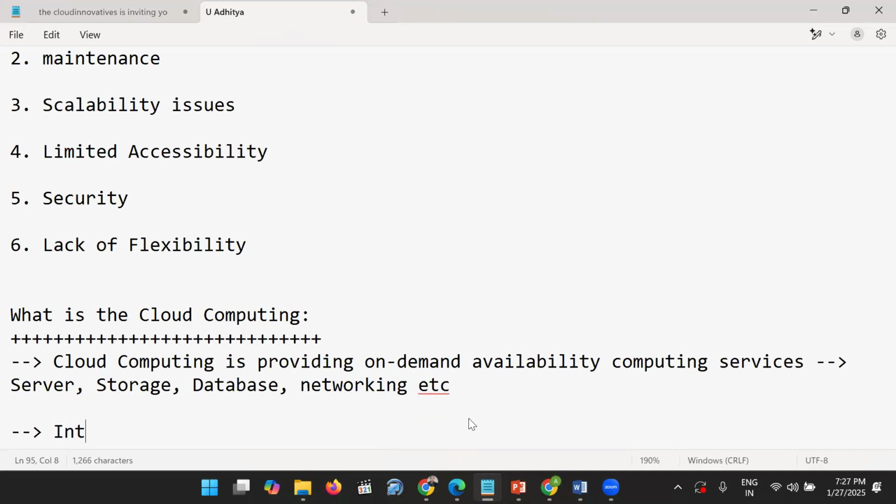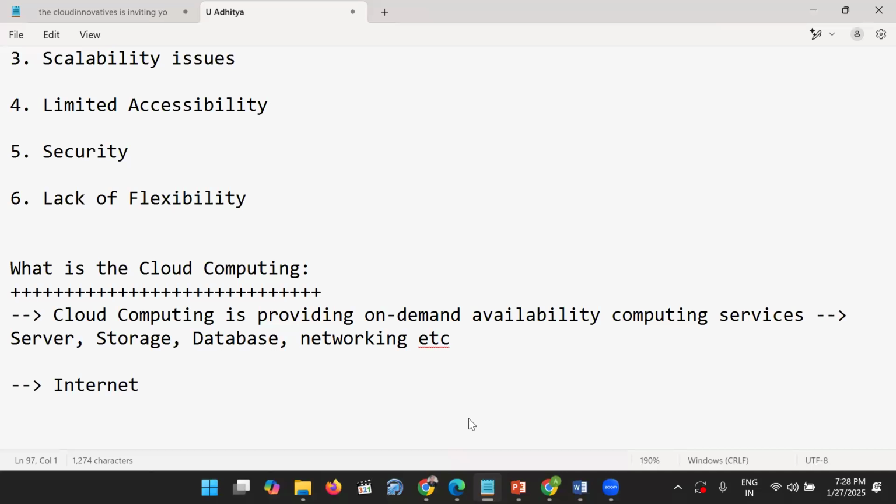Based on the internet connection. Without internet connection, it can't provide any services. We can't use any services. The internet connection will be required, right?